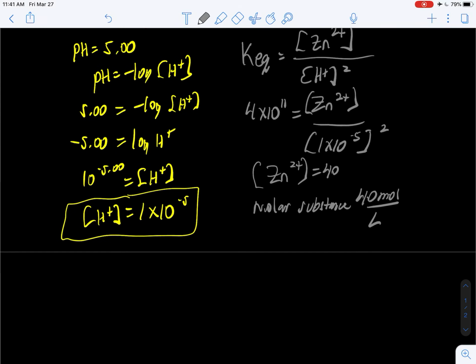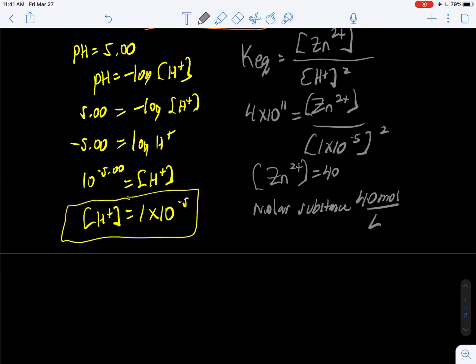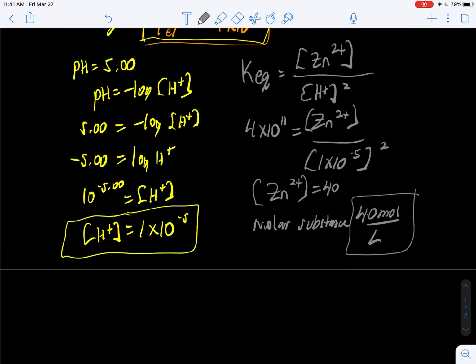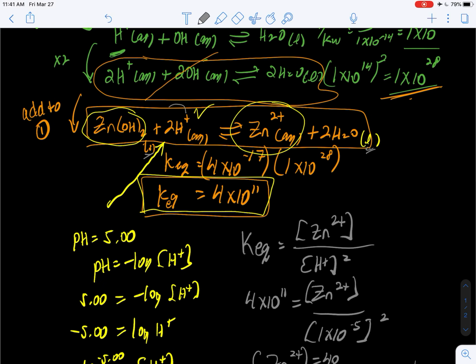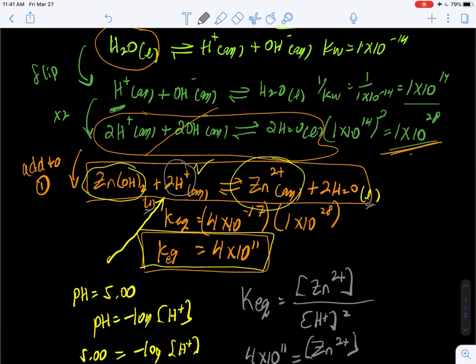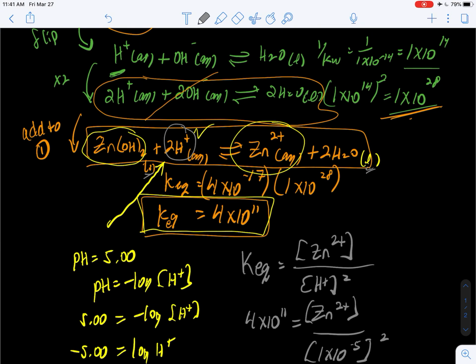So it means that this substance is completely soluble, very, very soluble at pH 5, which is acidic, okay? So if you add acid, because of Le Chatelier's principle, this drives the equilibrium to the right, okay? So that's where I want to end this video right here at the moment.